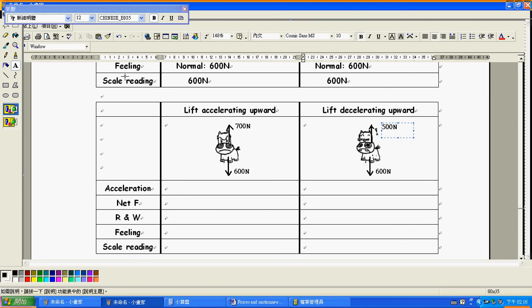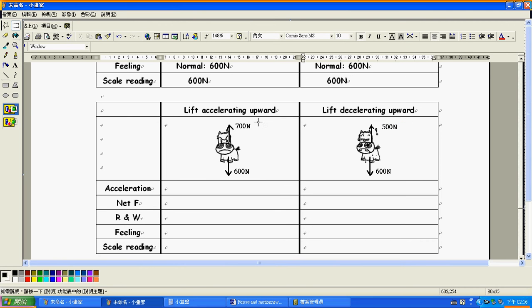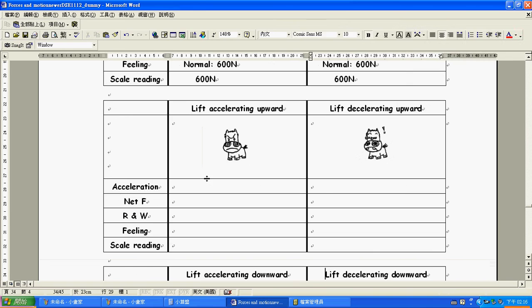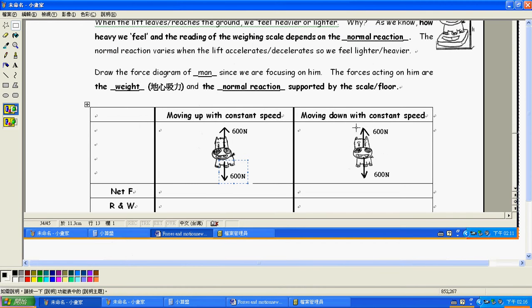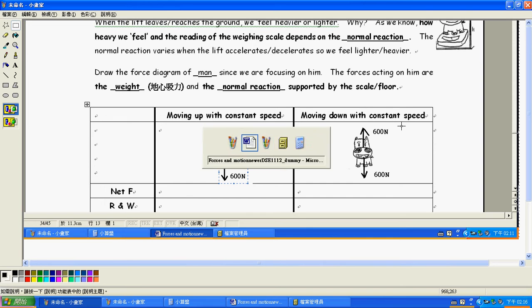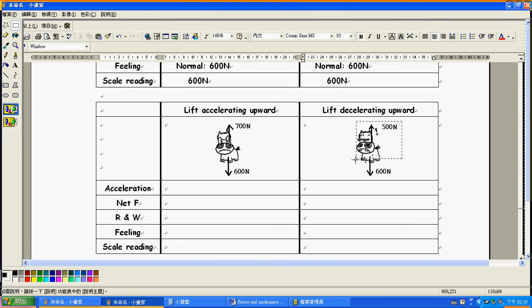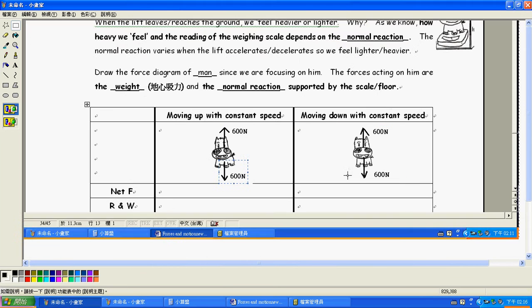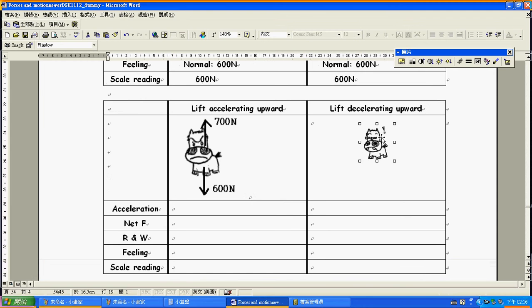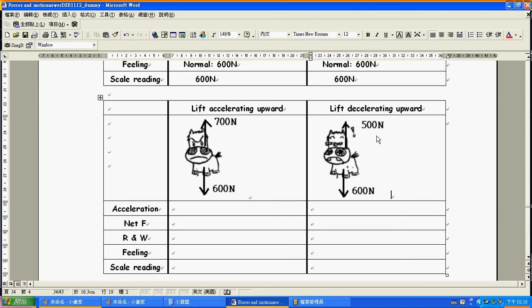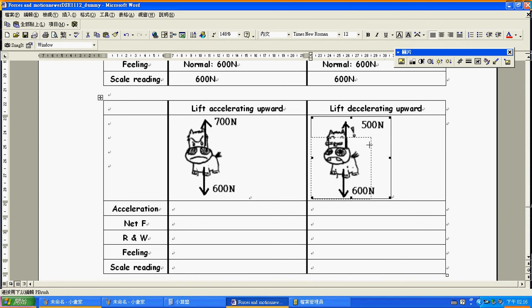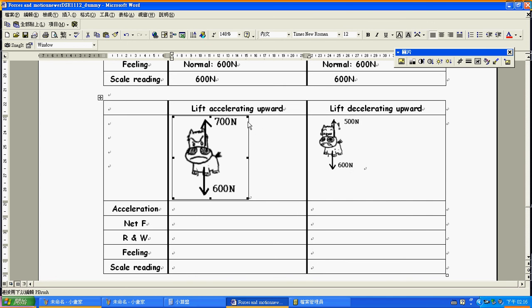So these two are the free body diagrams. So let's make it a bit smaller.